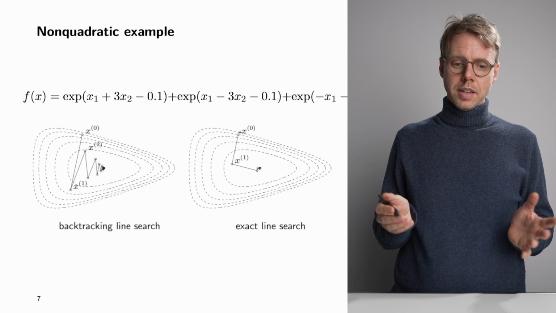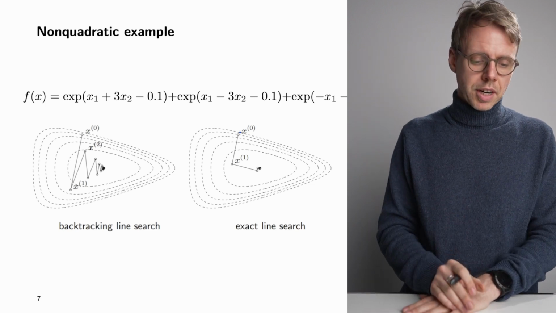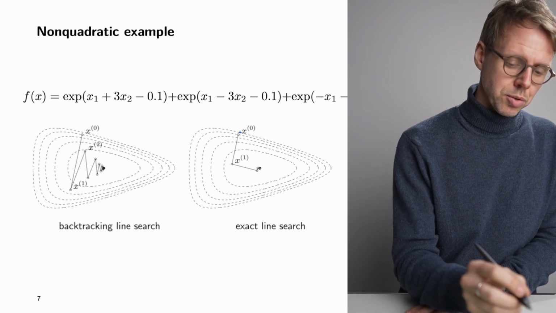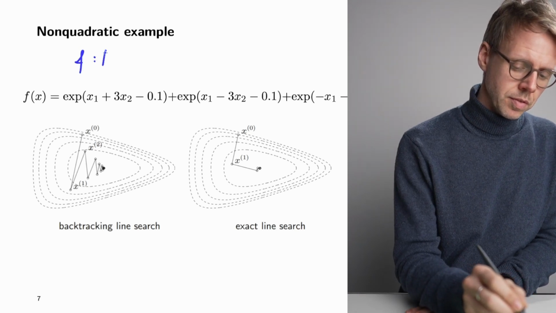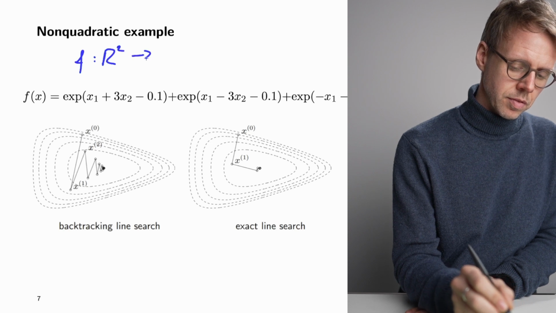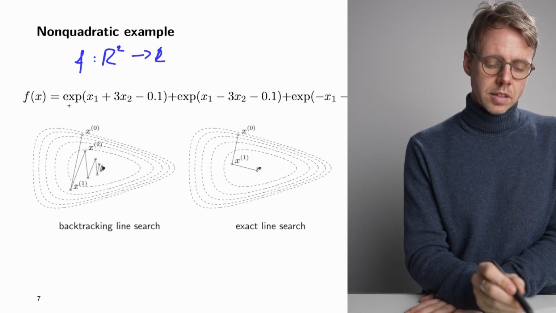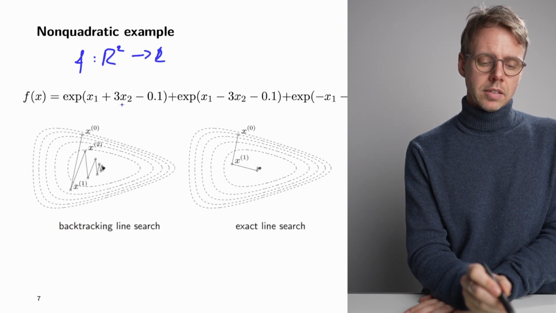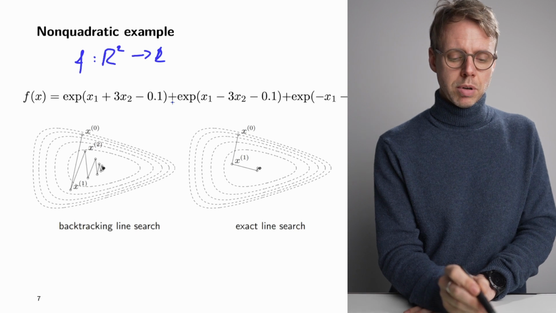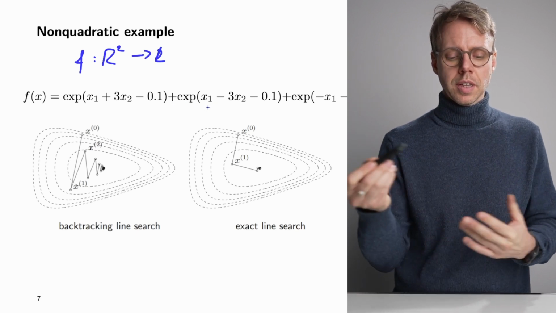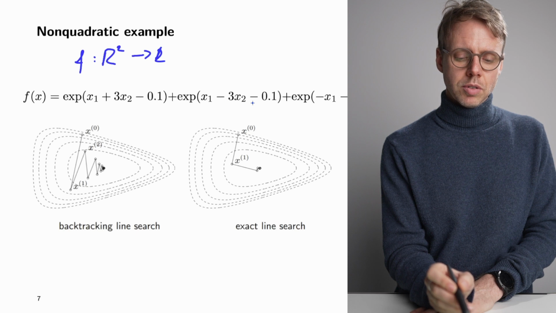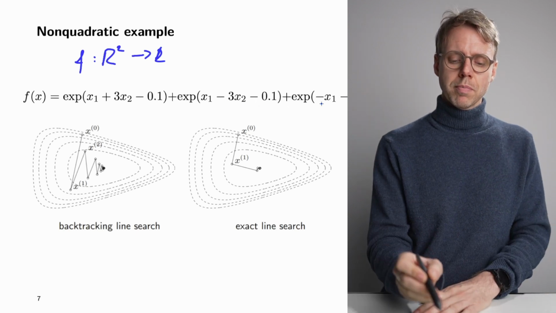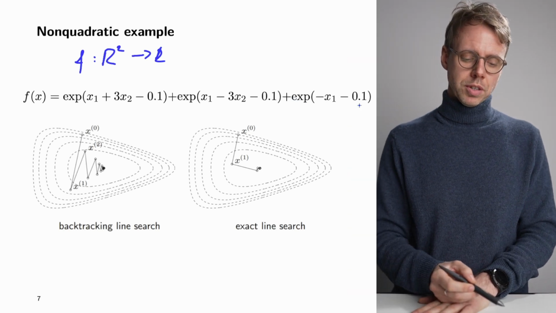Let's look at the second example, in this case a non-quadratic function. It would again be a function on R2. The function is given by e to the power of (x1 plus 3x2 minus 0.1) plus e to the power of (x1 minus 3x2 minus 0.1) plus e to the power of (minus x1 minus 0.1).